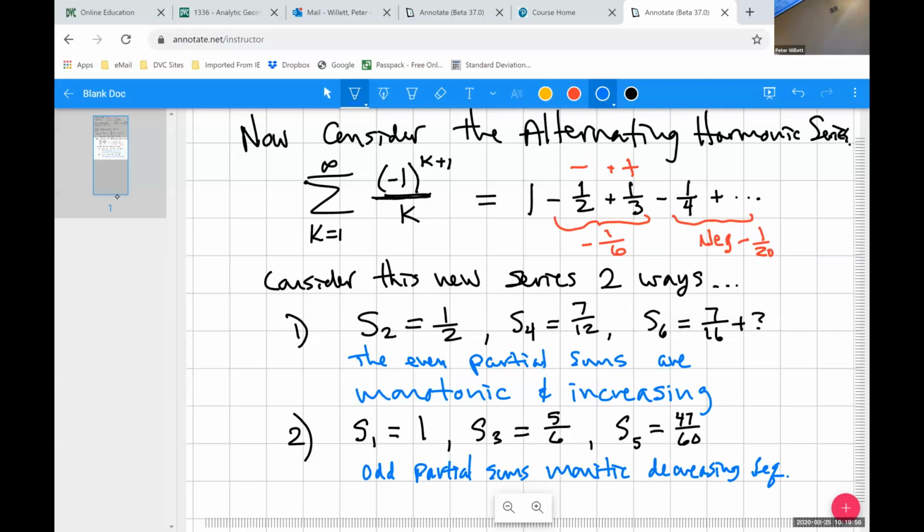So every time I advance to the next partial sum, I'm always adding a little positive value to the total I had up till that point. Does that make sense? Yeah, it does.